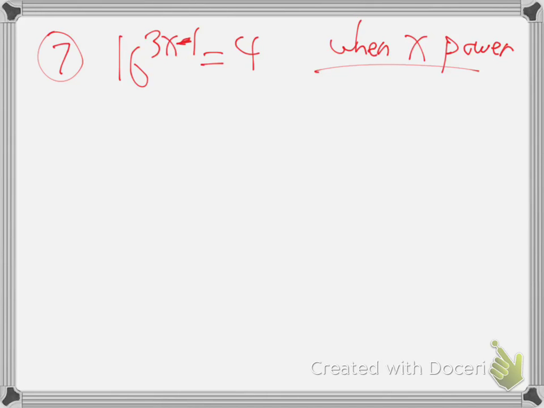I'm trying to help you not have that experience. What's unique? How's this going to stand out? X is in the power. See how x is up there in the power zone? That's not normal. We haven't had that up to now. That's what's unique about this. When you see x in the power, write that on your 3x5 card. What do you do? You make the bases the same. Step 1, make the bases the same.